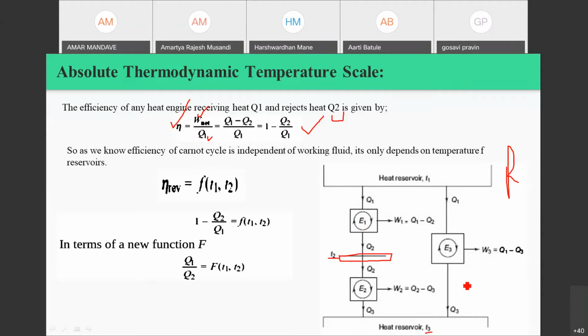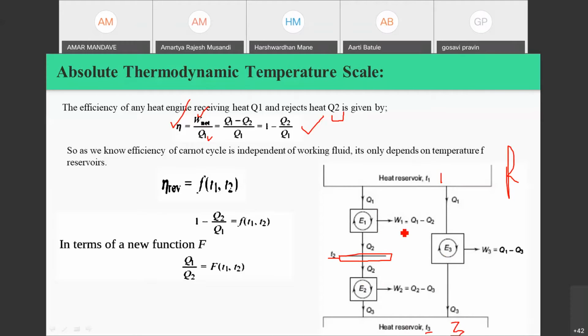The similar engine, E3, works between reservoir 1 and reservoir 3. E1 and E2 are in series, and E3 is parallel to E1 and E2.